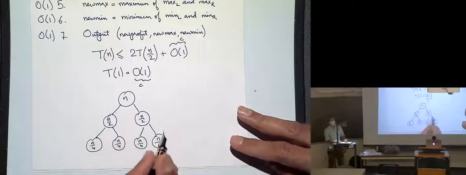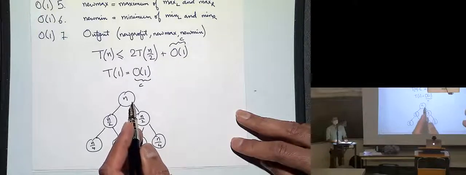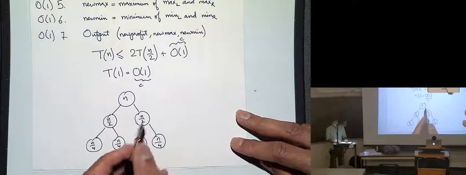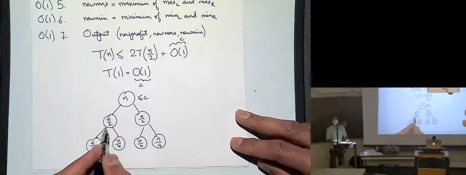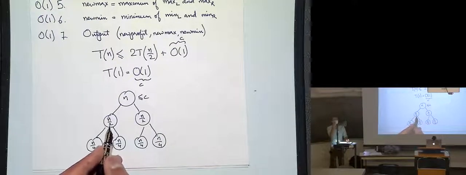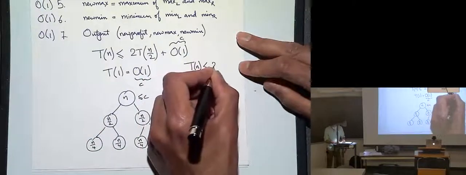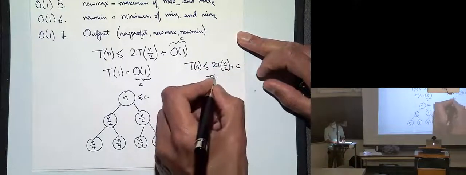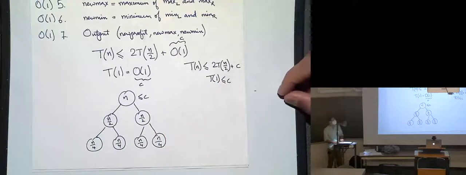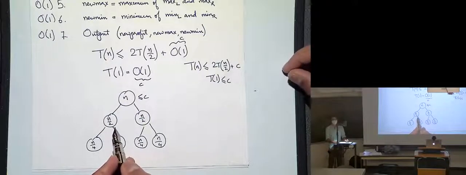So how much is the work in each node? What is the extra in that node? C. And what is the work in this node? C over 2. Here's the recurrence, right? How much is the combined work over there?